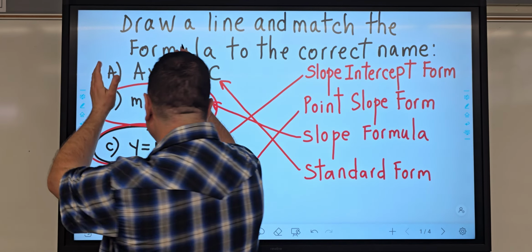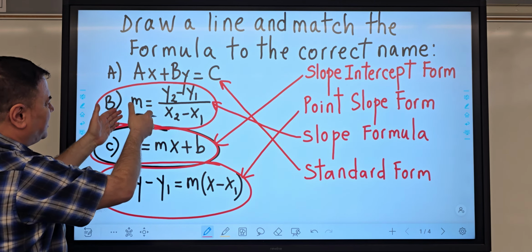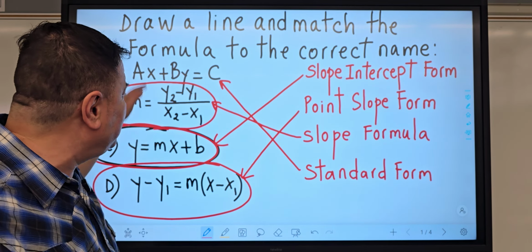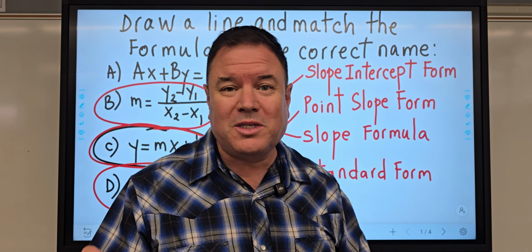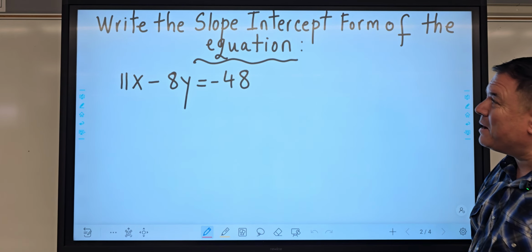We need to have the equation in standard form: a number times x plus a number times y equals another number. Remember these forms because it comes in handy, especially during a test when you have to identify different forms of linear equations. Let's take a look at an example now.